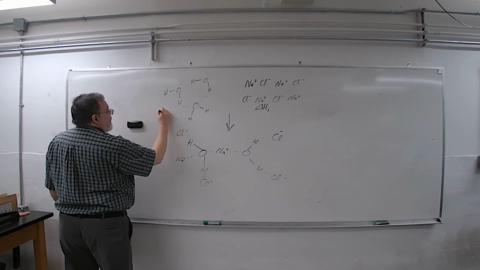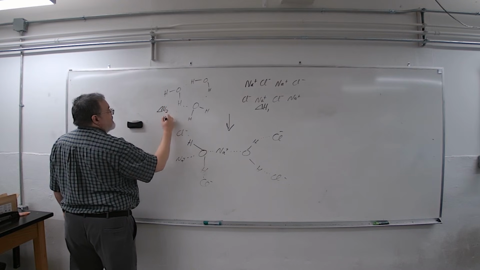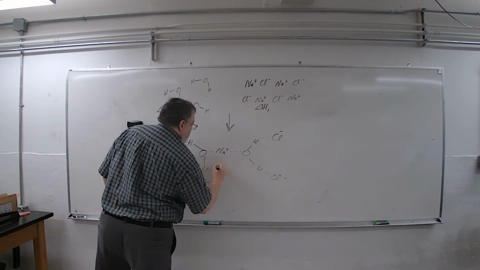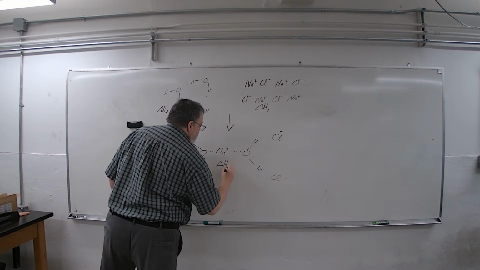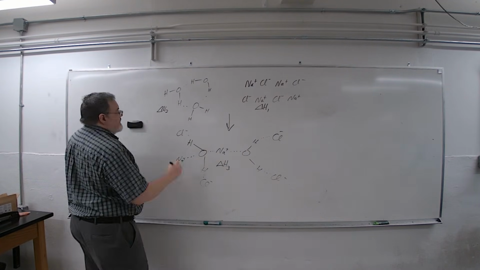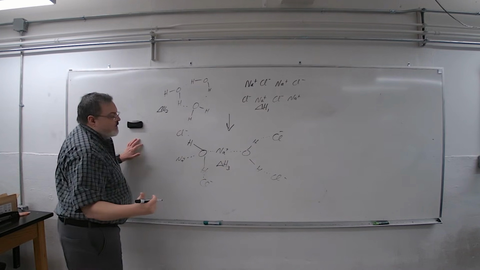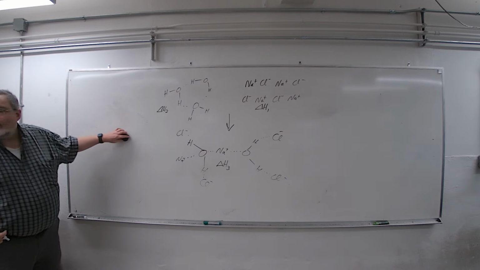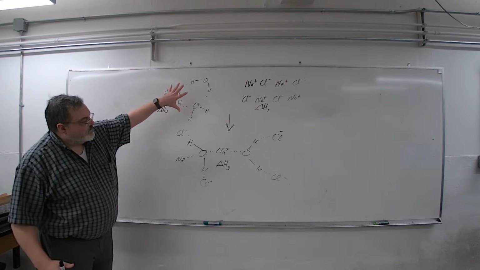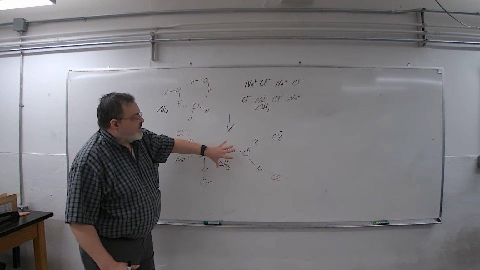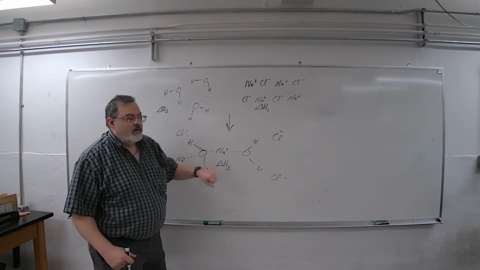Delta H2 on my slide is pulling apart the solvent, and then delta H3 will be the opposite direction. This is energy going in, energy coming out. You with me there? So it takes a certain amount of energy to pull these apart, a certain amount of energy to pull these apart, and then a certain amount of energy comes out when all these come together.